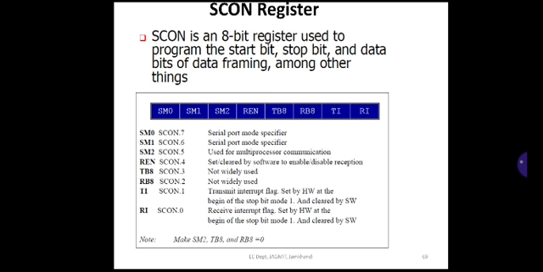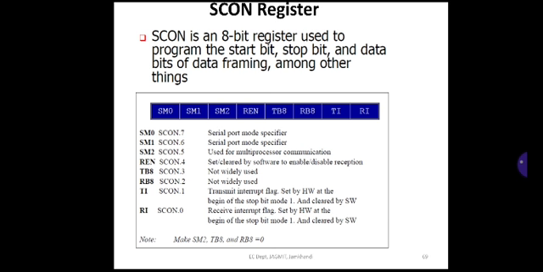TI is the transmit interrupt flag. It is set by hardware at the beginning of the stop bit in mode 1, and it can be cleared by software. Then RI is the receive interrupt flag, set by hardware at the beginning of the stop bit in mode 1, and cleared by software.